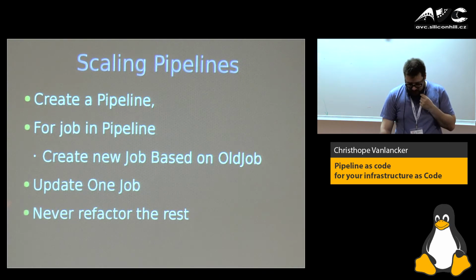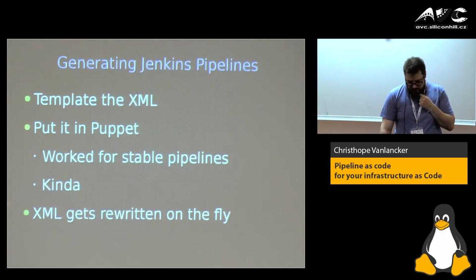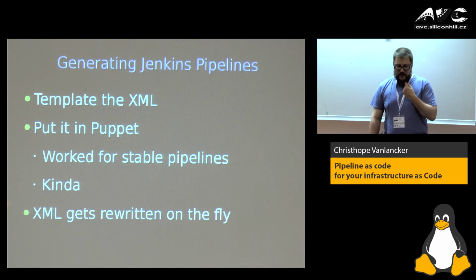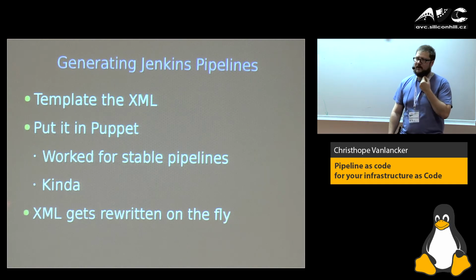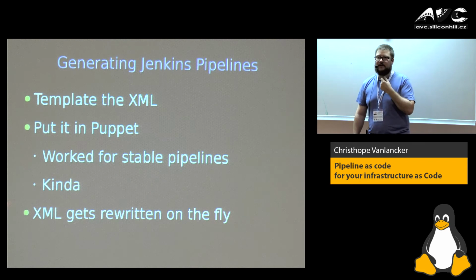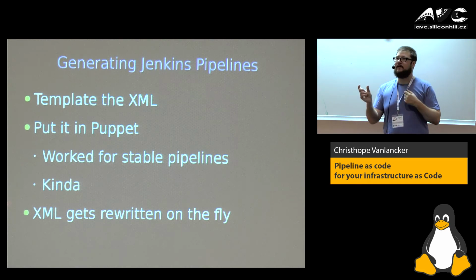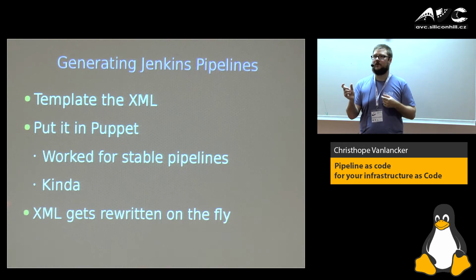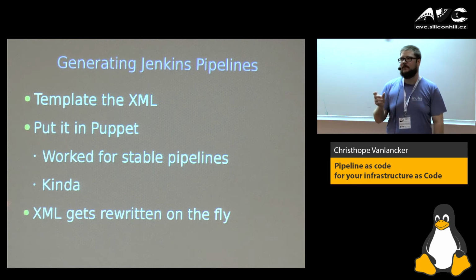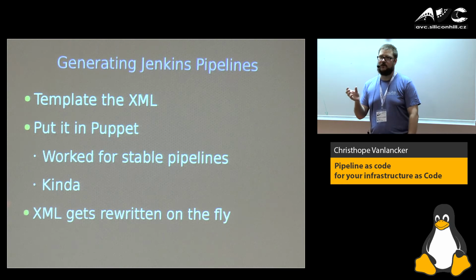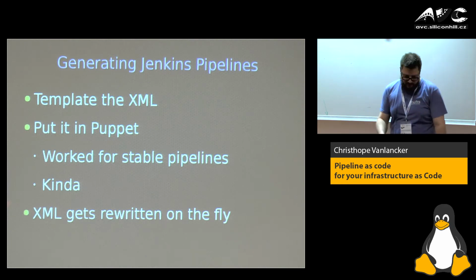So in the past we did that by templating XML, but after a while it got pretty tedious because some plugins write their versions in your XML, and that gets very annoying because every time there's a new update for a plugin, you need to change those versions in your XML. That was very troublesome.